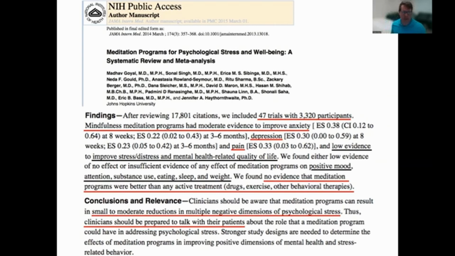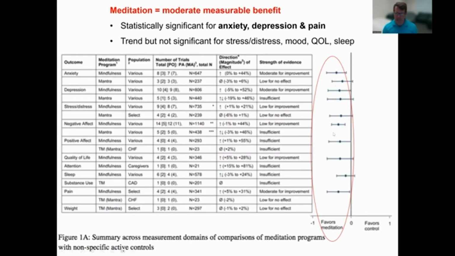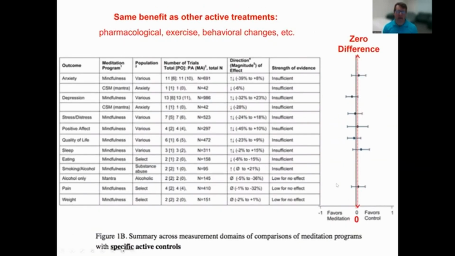Well, here's a paper that looks at meditation and compares it to other methods of psychological stress management. And what they find is that across the board, regardless of how you're measuring our psychological state, meditation helps, but in comparison with autogenic training and behavioral changes, there's no difference. So regardless of what you're doing to reduce the hormonal stress response to the inevitable stressors of your life, not doing anything is a mistake.